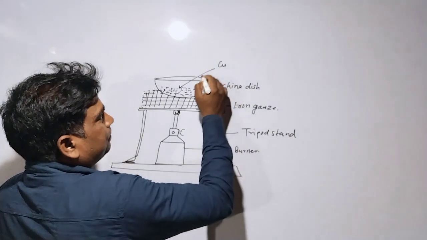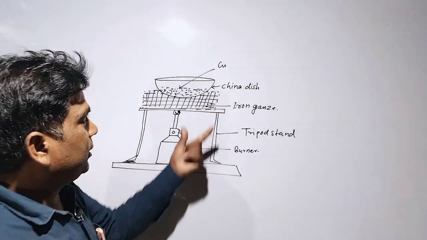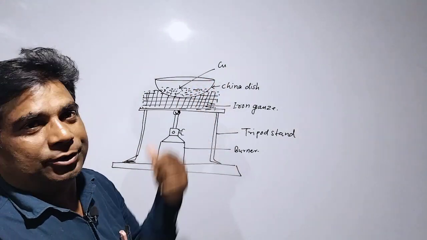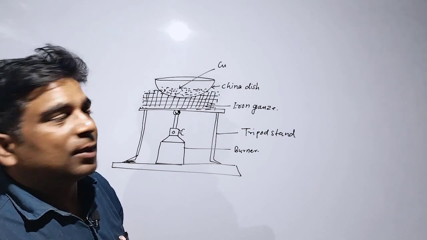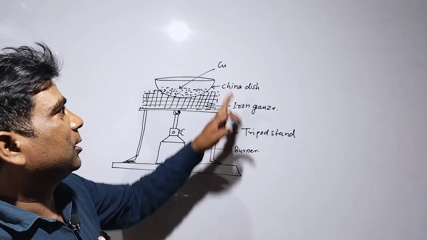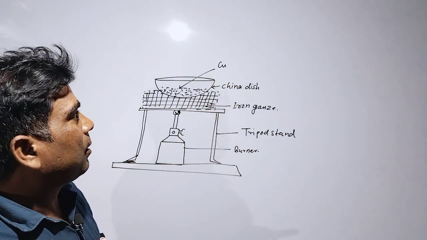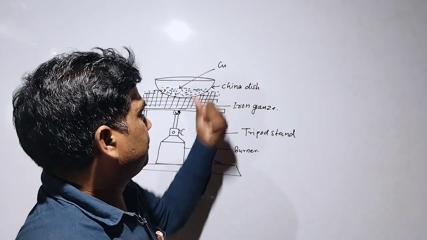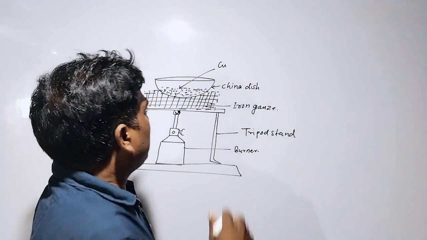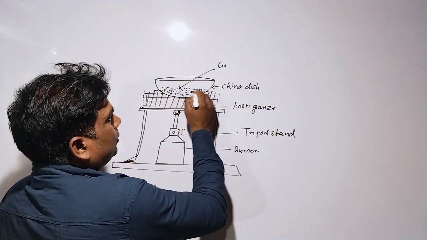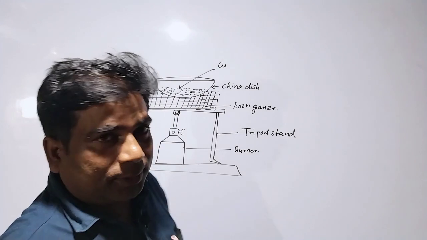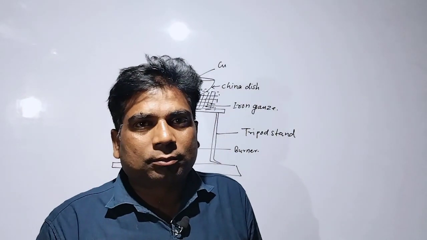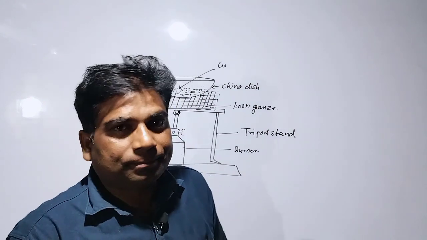So copper is heated in the China dish, but its color changes. Its color becomes like brown or black. But why?